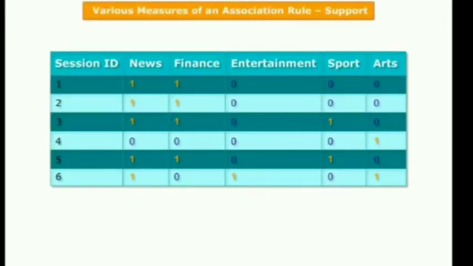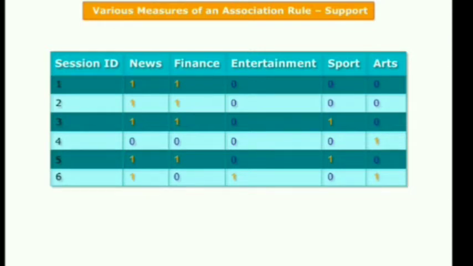The strength of an association rule is commonly quantified by various measures of a rule. These are support. The support of an item is simply the relative frequency of the occurrence of an item set in the transaction set. In the data set shown in the table, support of news is 5 out of 6 transactions. 5 by 6 is equal to 0.83.